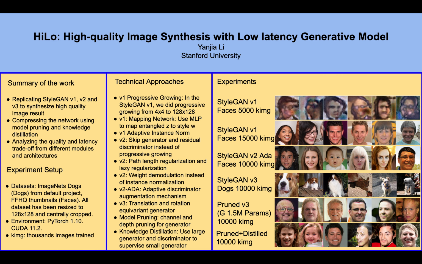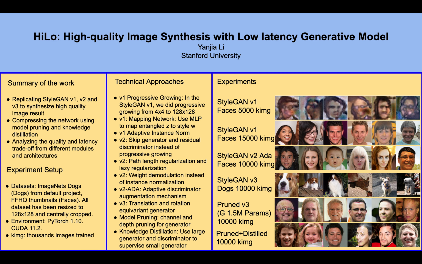When I work on this project, there are a lot of technical details involved. So for example, in V1, I initially need to implement this progressive growing by upsampling the generator's results and also merging with previous stage results using alpha.